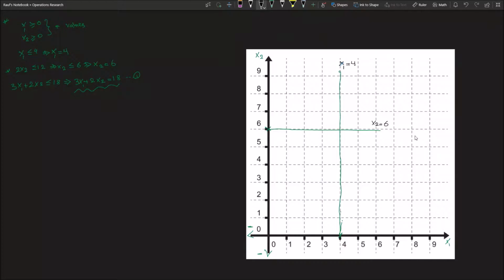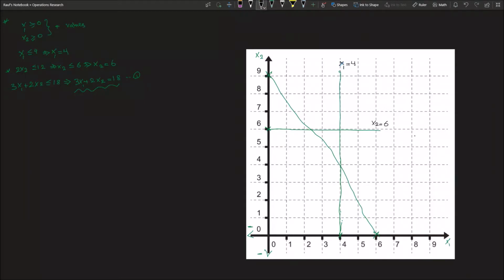If you do that, then you will find that one point will intersect with the x2 or the y-axis at 0 and 9 to be precise, and the other point intersects with the x-axis at the point 6 and 0. If you draw a straight line between those two, as straight as possible, I know it's not straight, but just for illustration.